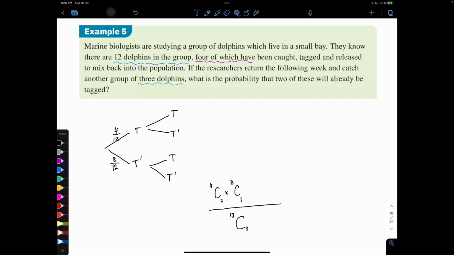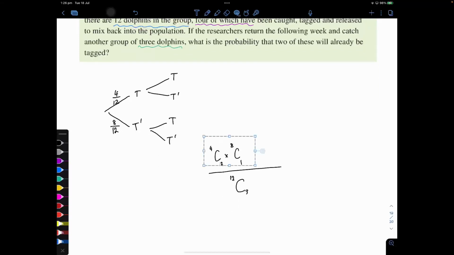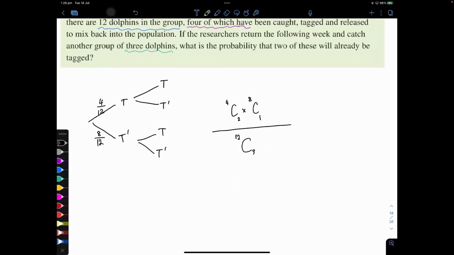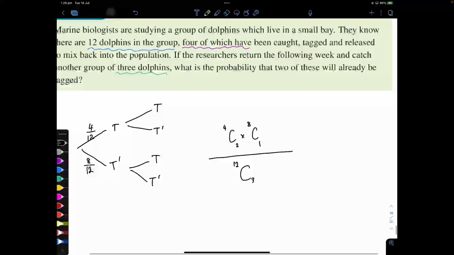What does the 4 choose 2 mean? I don't understand the top part. Okay, let me explain. These 4 dolphins are tagged, whereas the other 8 dolphins are not tagged.